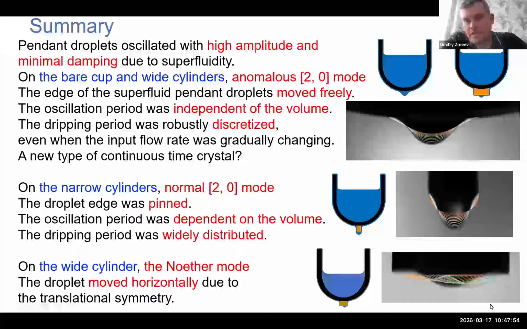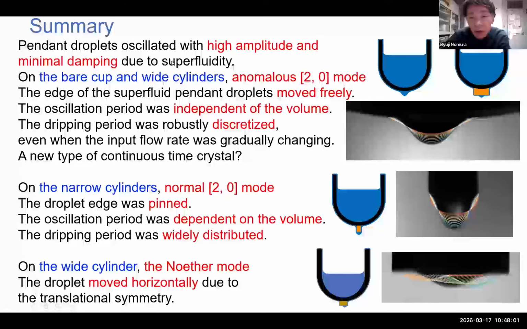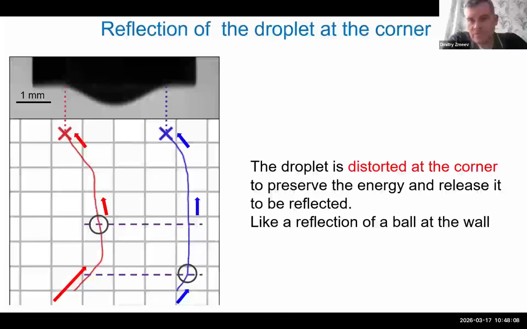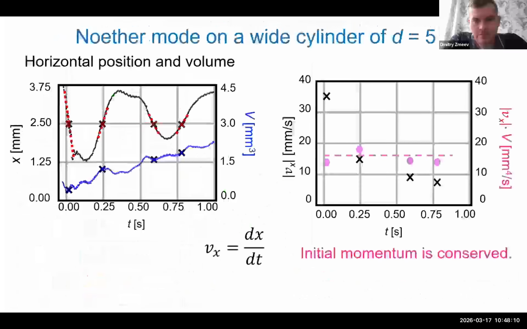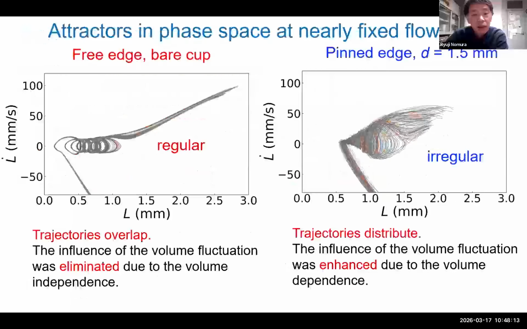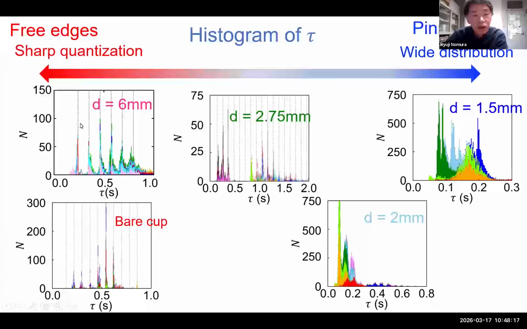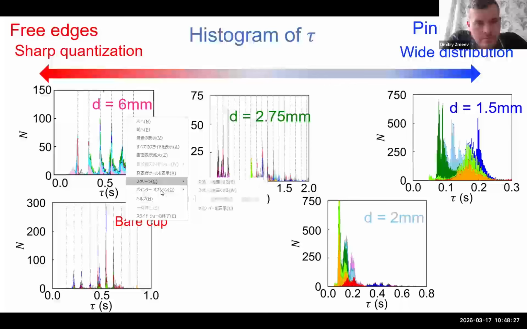So, the quantization of the period. Is it dependent on the size of the cylinder? Yes, this peak separation depends on the diameter of the cylinders.